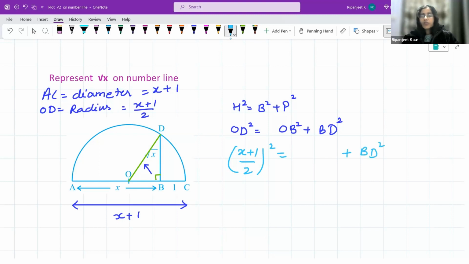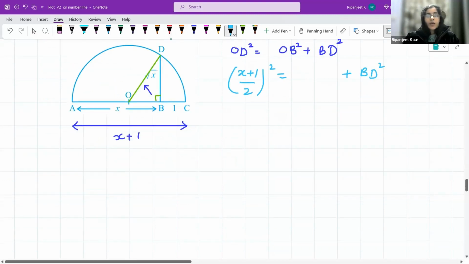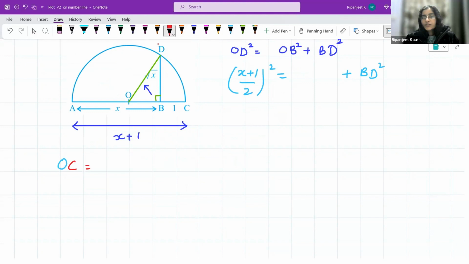But what is OB? This OB. Now, let us see what is this OB. Now, we can see OC is equal to O to C. This is again radius. Radius means x plus 1 over 2, right? And what is B to C? B to C is 1.